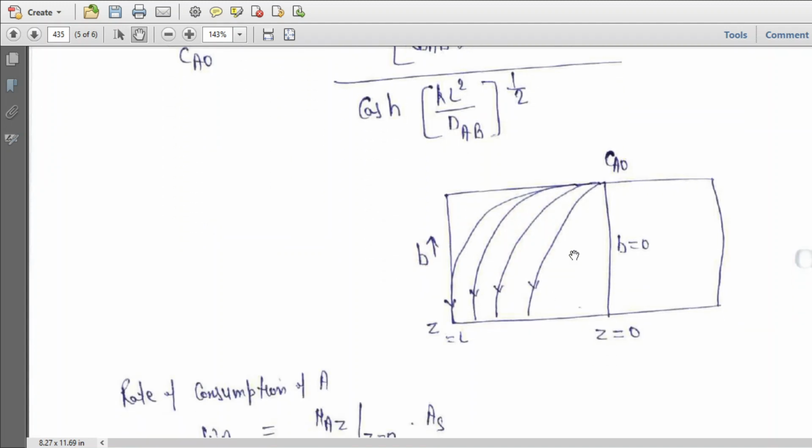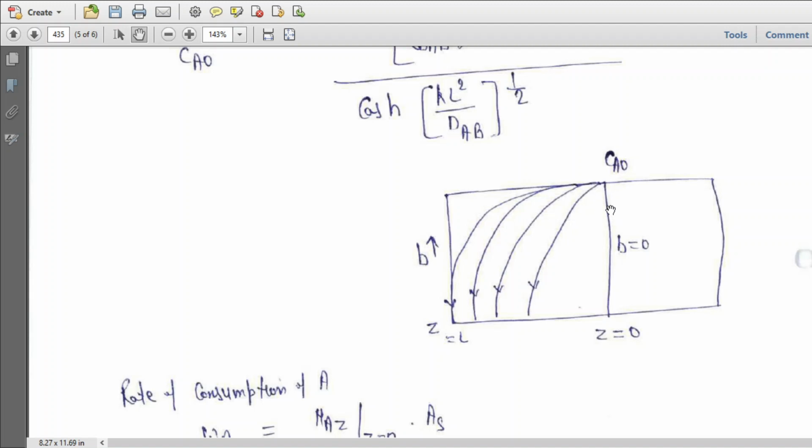So these are the concentration profiles. At the start you have a flat concentration profile because this is the interface, which always has the same concentration, Ca0.